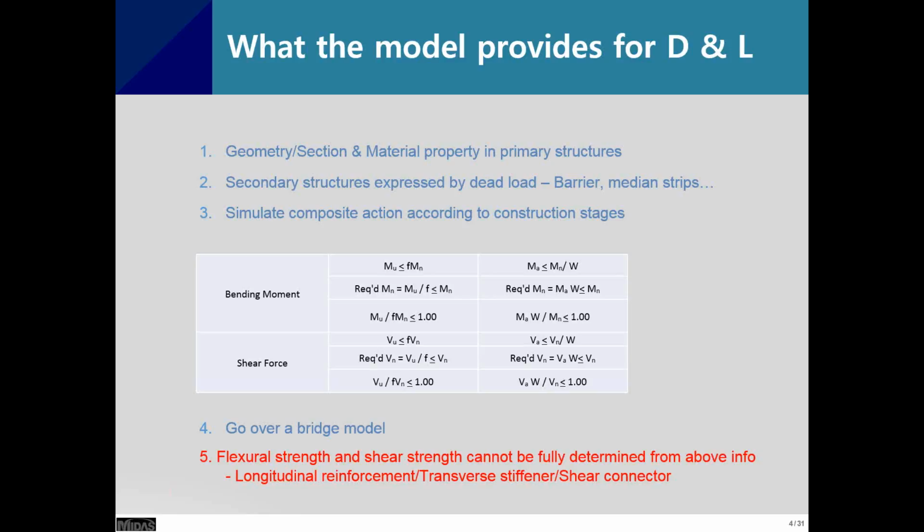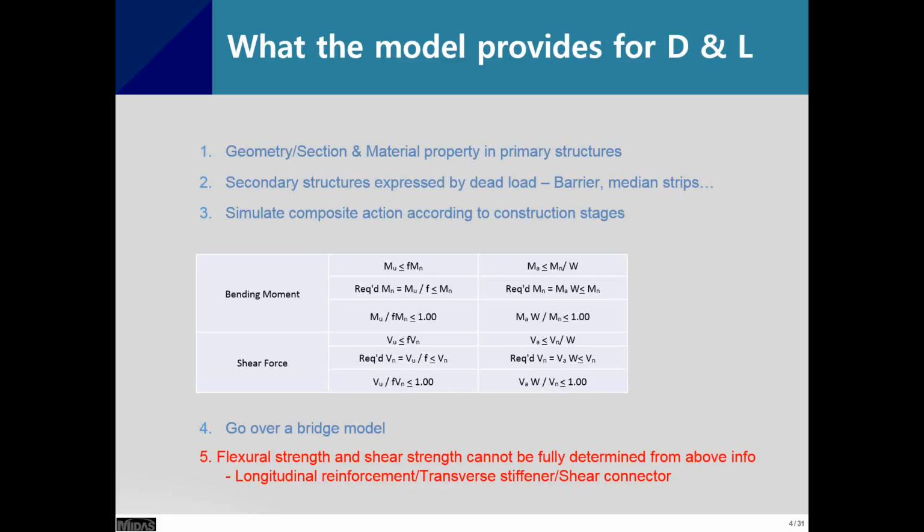And also, you can simulate the composite actions according to the construction stages. So the construction stage is already in the modeling information. So Midas Civil automatically considers all the before-composite and after-composite stages of the sections.